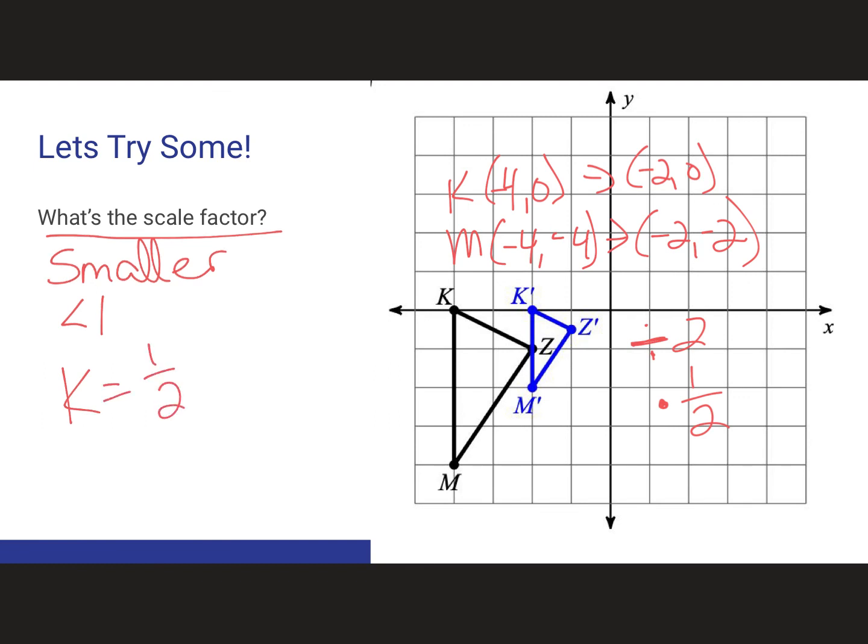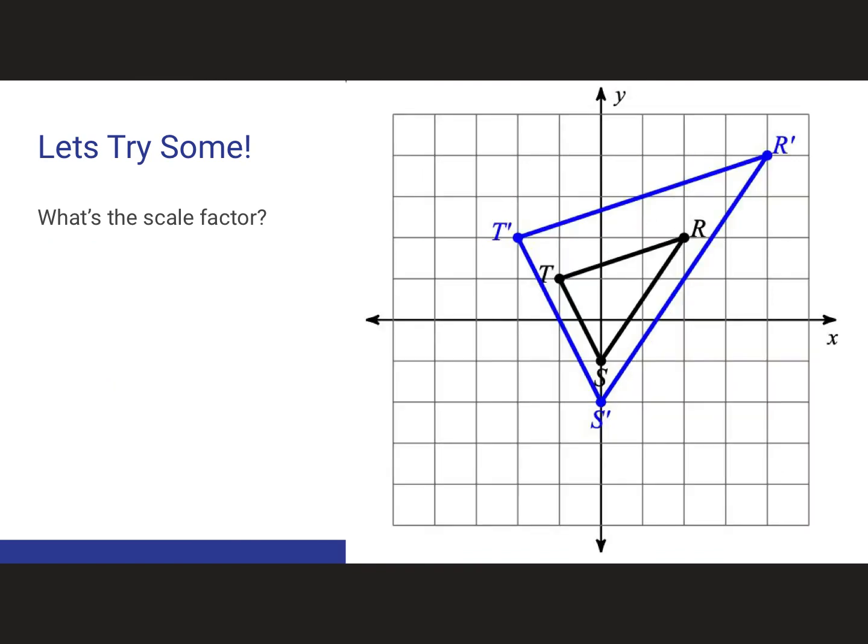Okay, let's try one more. Here, what is my scale factor? First of all, I'm getting bigger. So I know my scale factor must be greater than 1. Again, I need to know that I'm going from the black triangle to the blue triangle.